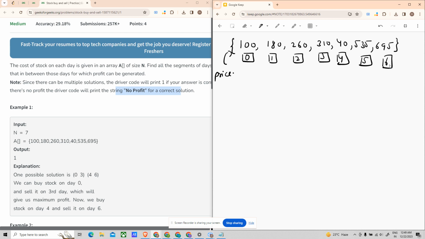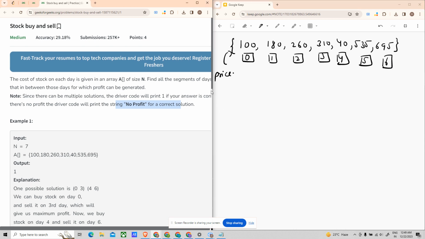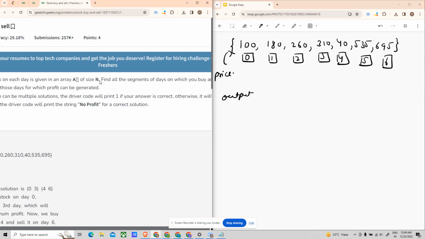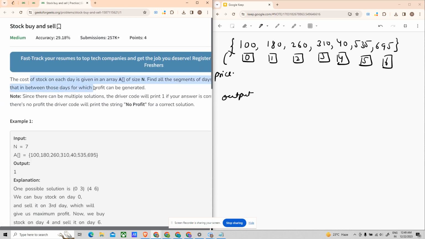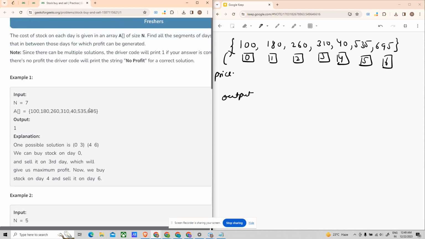So what is the expected output? It says find the segments of days on which you buy and sell stock so that in between those days profit can be generated. Suppose a person buys a stock on day 0 for 100 rupees, so minus 100 right now, and sells on day 1, so plus 180 gives rise to 80.